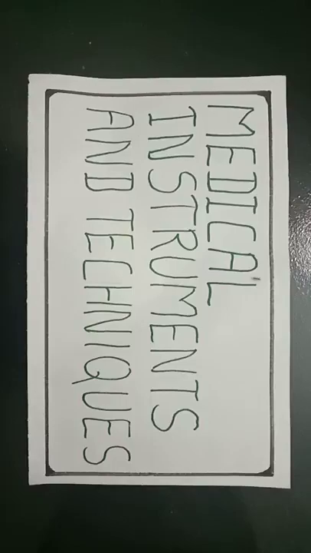And the last use is that this instrument is used to detect the stroke-causing clot. Mostly the reason for the stroke is a blood clot in the cerebral artery. So clotting in the cerebral artery is one of the main reasons for the stroke.